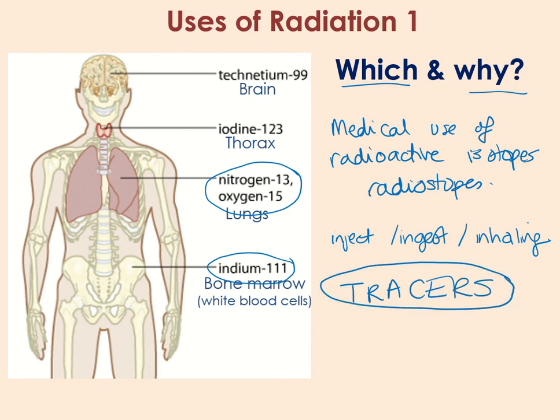In terms of what source we would use, the important thing is the detector we're going to be using is outside the body. So the type of radiation we use needs to be able to get out through the skin, otherwise we're not going to be able to detect it. We also don't want it to be very ionising, because that could cause a lot of the problems I outlined earlier in terms of mutations.